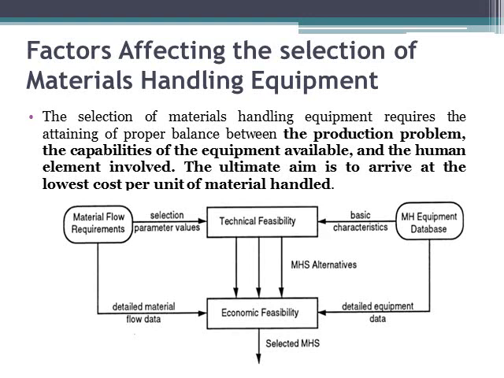Factors affecting material handling system. We know that selection of material handling equipment requires attention to a proper balance between the production system, the capabilities of equipment available, and the human elements involved.